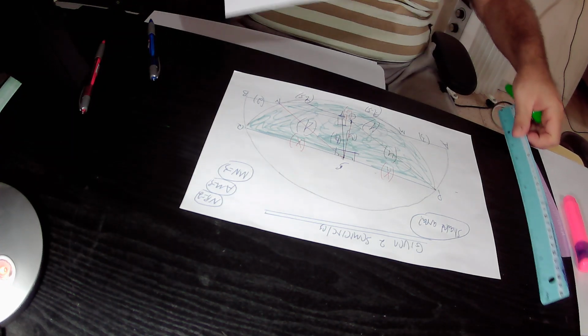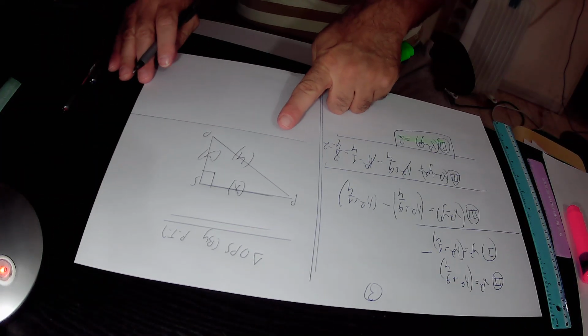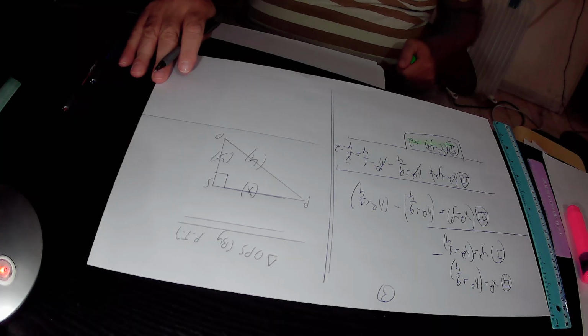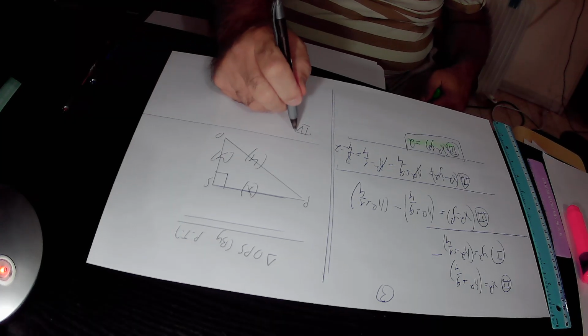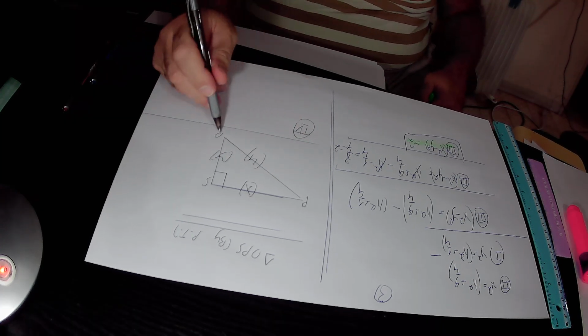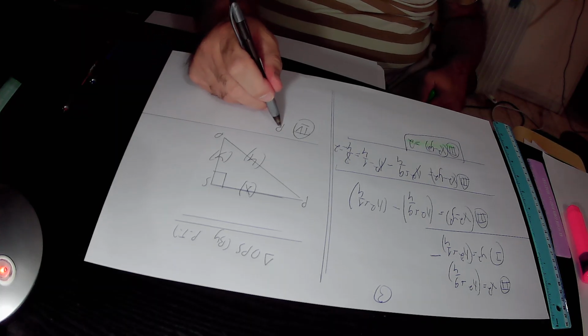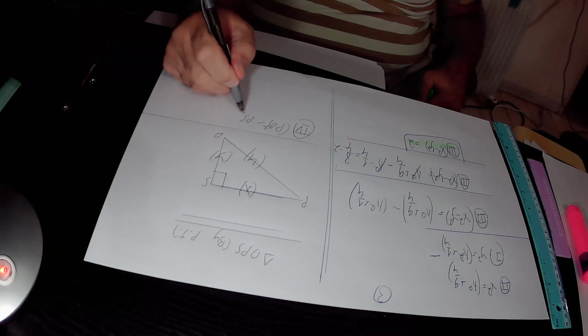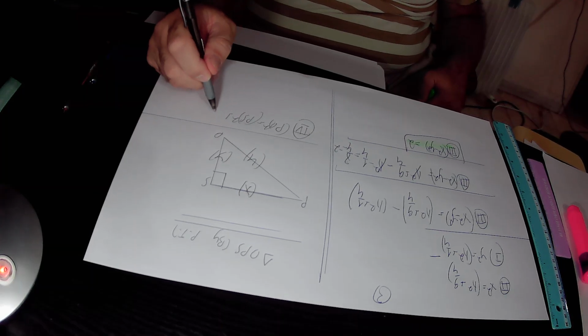So actually, this is the right triangle PSO that comes from the original drawing. In this right triangle PSO, according to the Pythagoras theorem, PO squared, that is the square of the hypotenuse, equals PS squared plus SO squared.